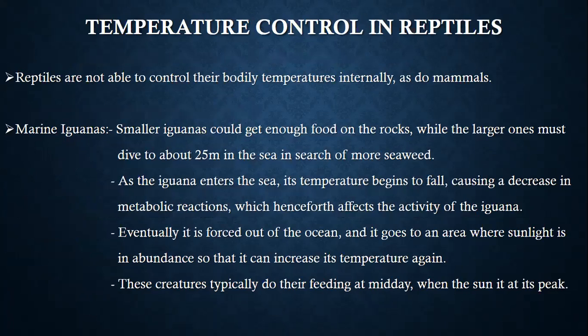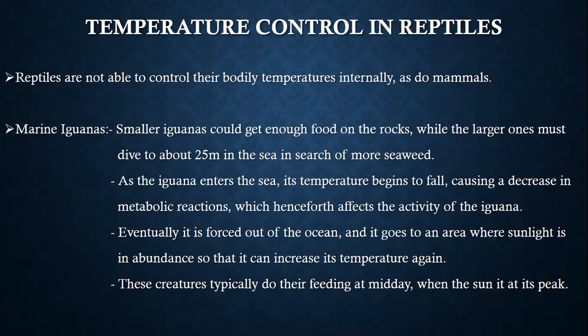Okay. Now we're going to talk about reptiles first off, and creatures that are not able to control their body temperatures as we would. We're going to talk about marine iguanas. So you have your smaller iguanas that are able to get their food from feeding on the rocks, and the larger ones who have to dive into the sea in order to get more seaweed and so forth.